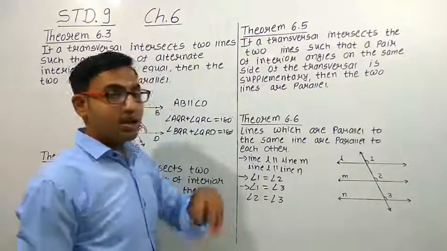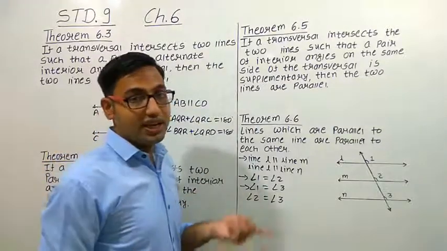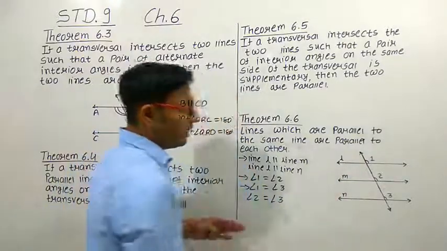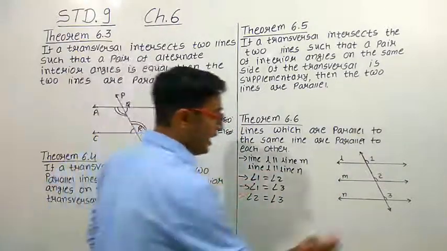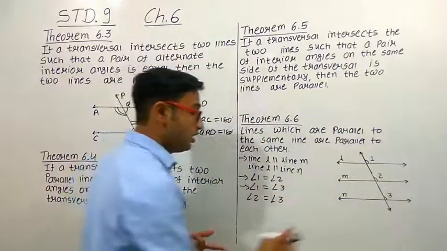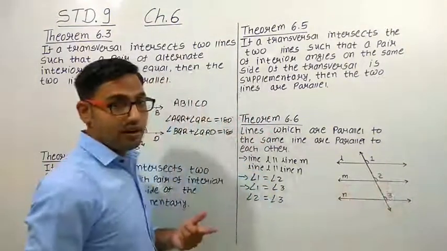Now according to the converse of the corresponding angle axiom, if a transversal intersects two lines and the corresponding angles become equal, then the two lines are parallel.